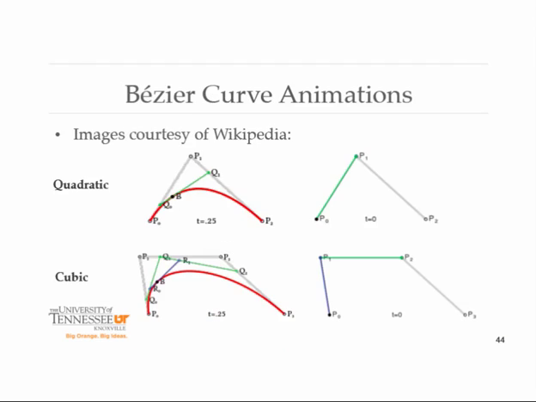So Wikipedia has a really nice illustration of this, and I want to show these to you because I think you'll find them very useful to understand it. So what I've got are two illustrations of a quadratic Bezier curve and an illustration of a cubic Bezier curve.